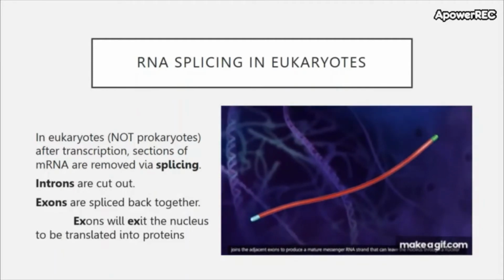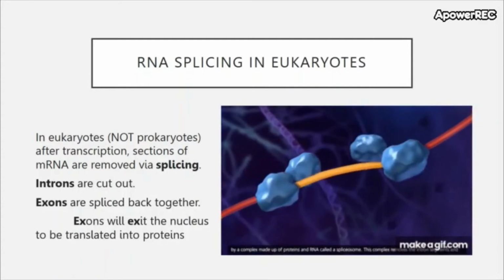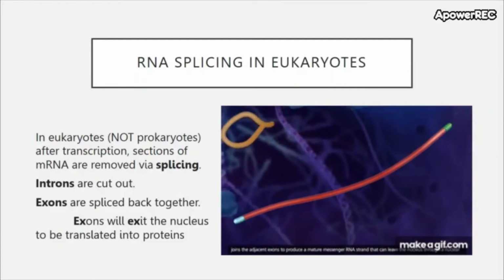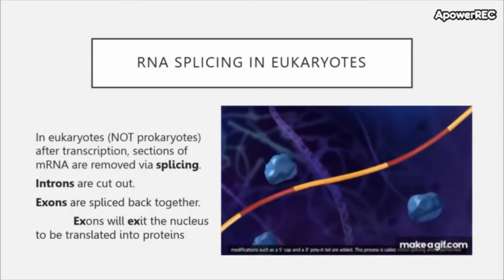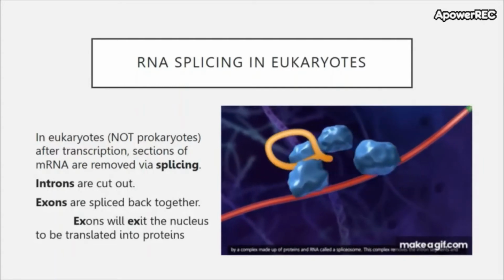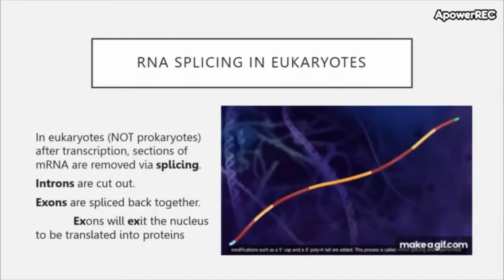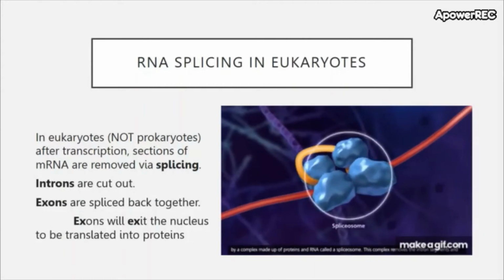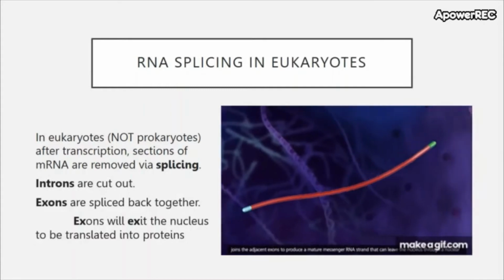All of the exons, noted as a red color in this image, are spliced back together. And the exons are the part of the mRNA strand that will exit the nucleus and further be translated into proteins. The introns, demonstrated here as the yellow color, are cut out of the mRNA strand and removed entirely. And so the introns aren't really exiting the nucleus at any given time.